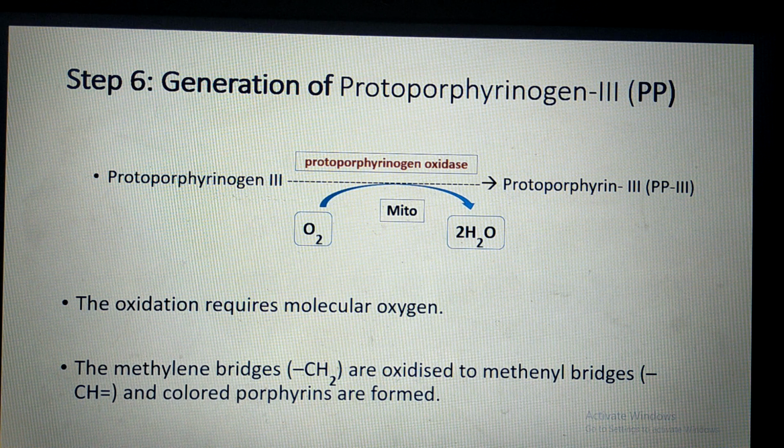Again an oxygen molecule is required. 2 hydrogen atoms are removed from the methylene bridges, which get oxidized to methenyl bridges, and these hydrogen atoms are donated to oxygen, which gets converted into a water molecule. Now this protoporphyrin is a colored compound.